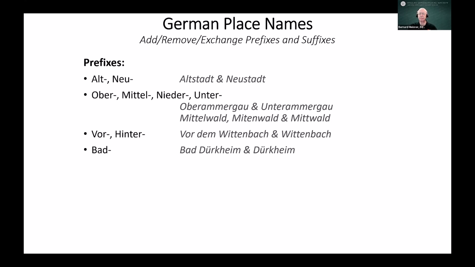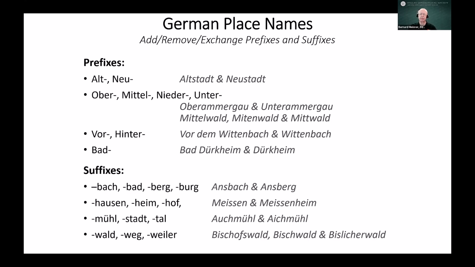Somebody could say they're from Dürkheim, but maybe they're really from Bad Dürkheim, and the person who wrote it, or said it, or indexed it only got the Dürkheim part. Same thing with suffixes. There's an Ansbach and an Ansberg. There's Meissen, but also Meissenheim in different parts of Germany. So consider those as ways to look for that name.